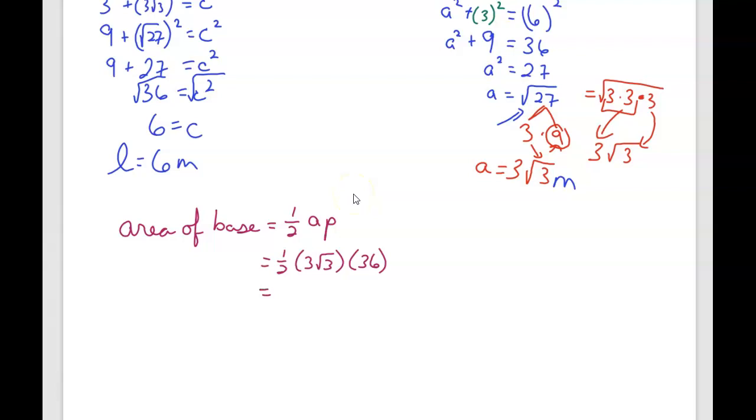When we multiply 1/2 times 3 times 36, notice I did not include the square root of 3; I'm just including whatever is outside the radical. I get 54, and I'm going to leave that radical sitting out there. So the area of my base is 54 square root of 3 meters squared.